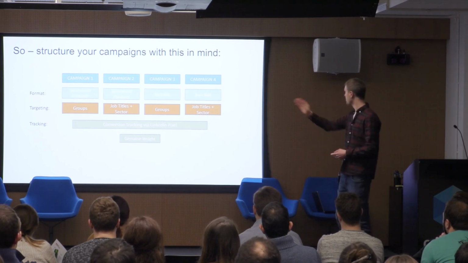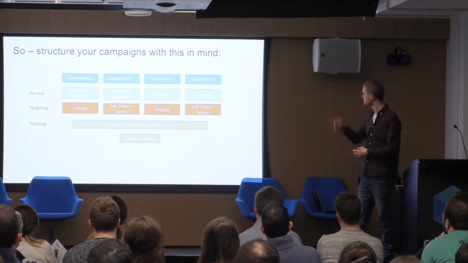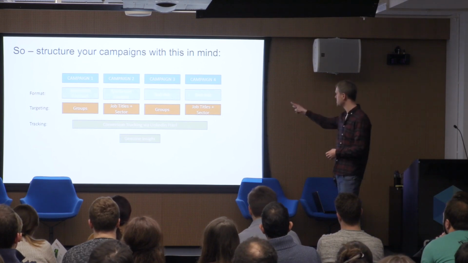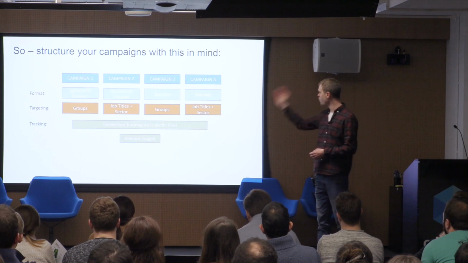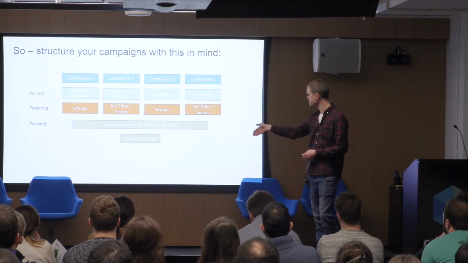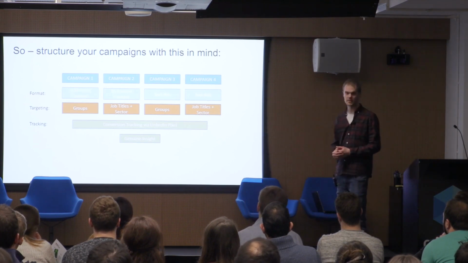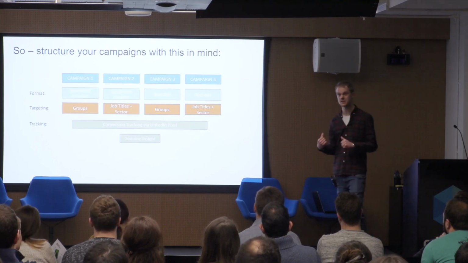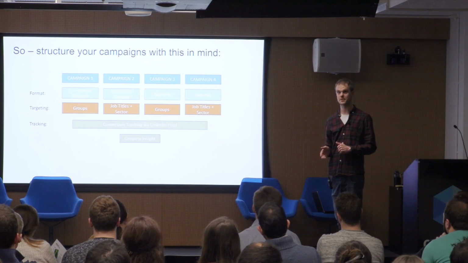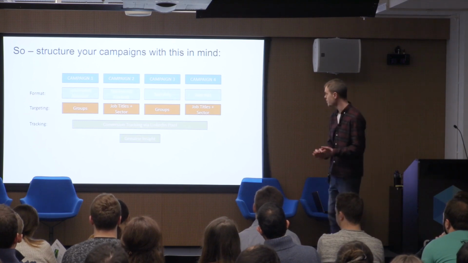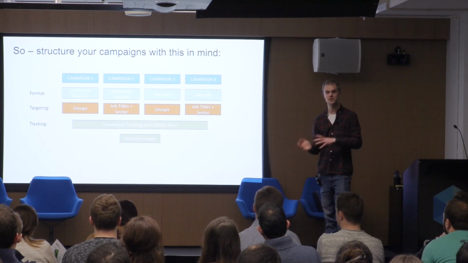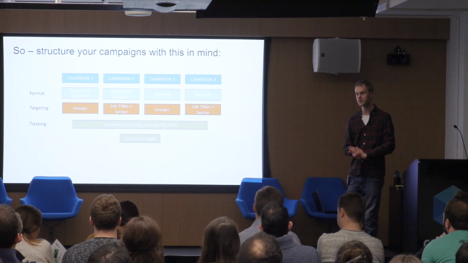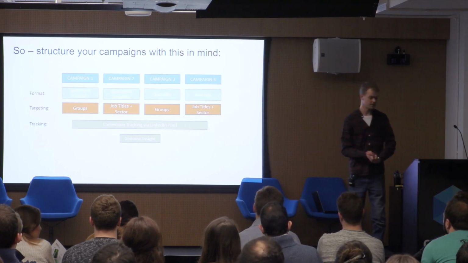If you've got 4 campaigns, you might want to test 2 for sponsored content, 2 for text ads, 1 with group targeting, 1 with job titles and sectors. That means if you've got the conversion pixel on the site and you're tracking conversions, you're going to get a much more granular view on the data. Within the limitations, you've just got to structure the campaigns in the way that you're going to get some meaningful insight out.